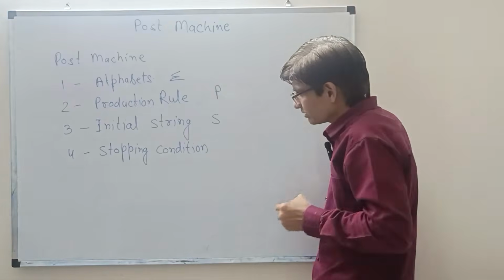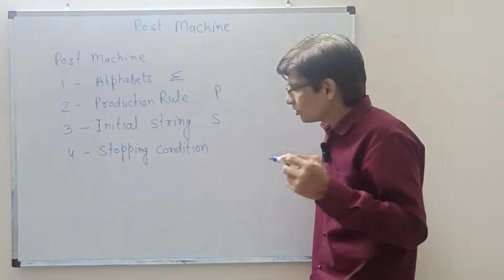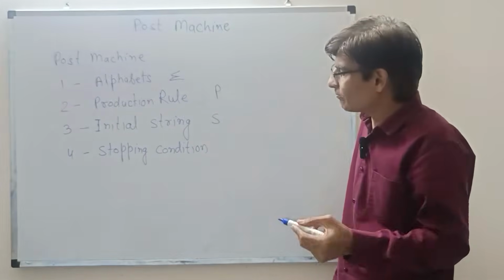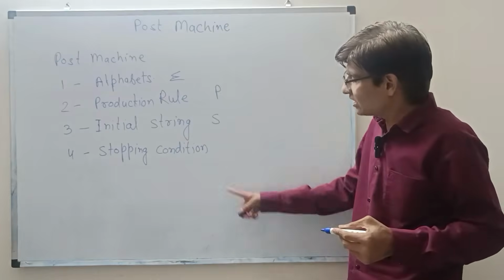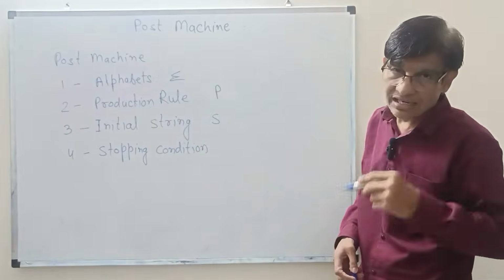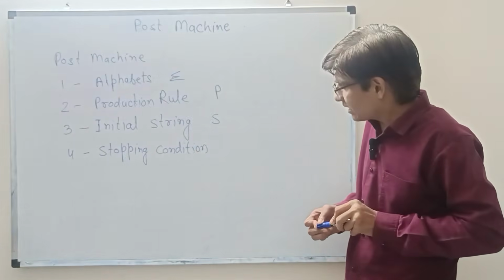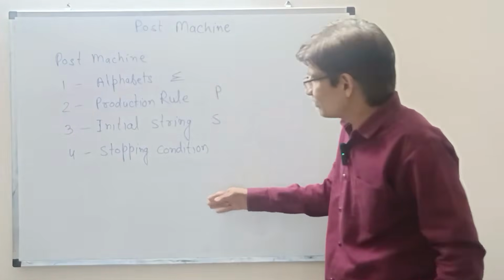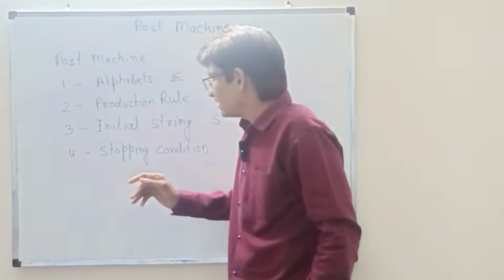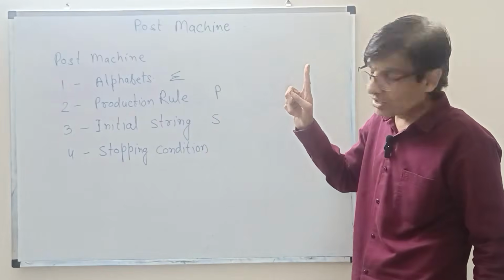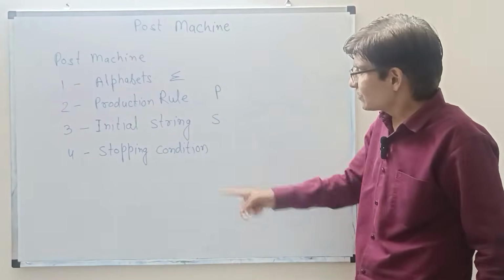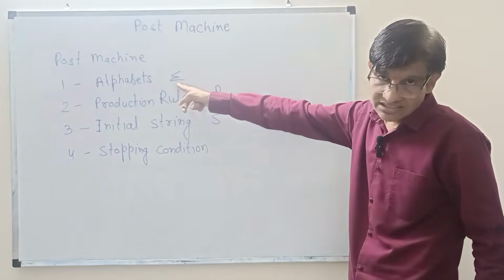I will tell you, don't worry, I will tell you the example of this machine and I will show you how all these four components are mentioned. So I hope these would be clear. The post machine is four component machine, or you can say four tuple machine. First tuple is sigma.